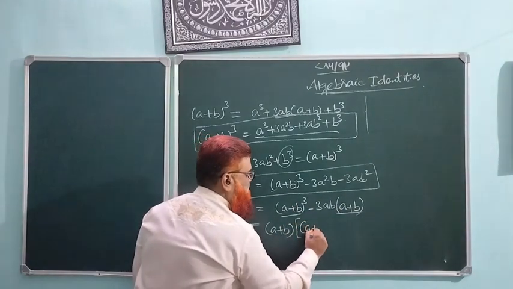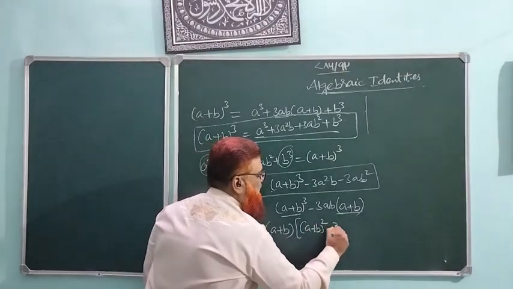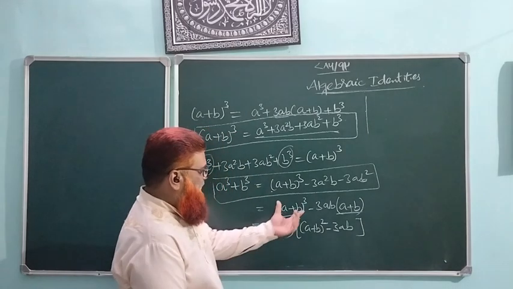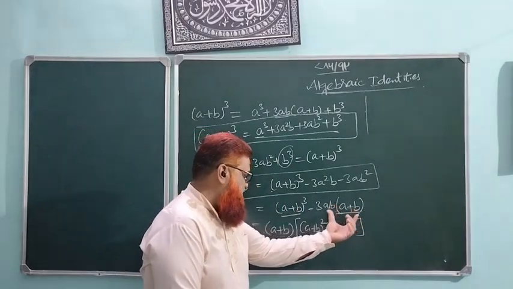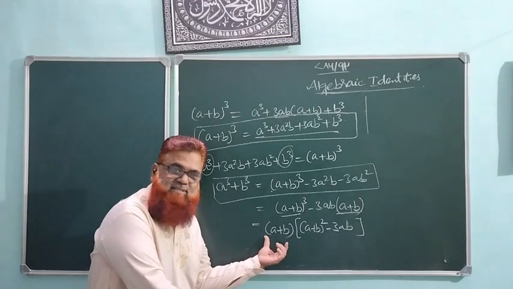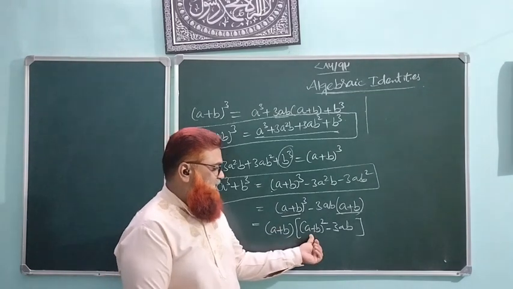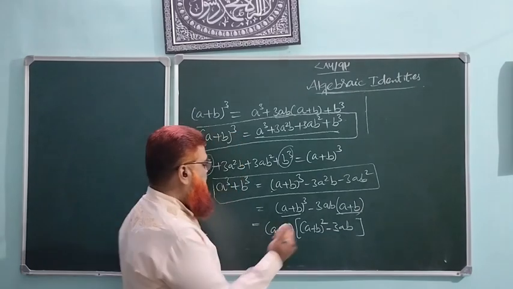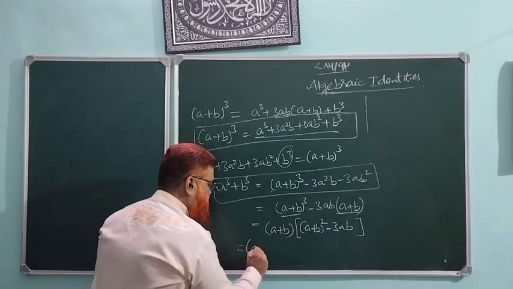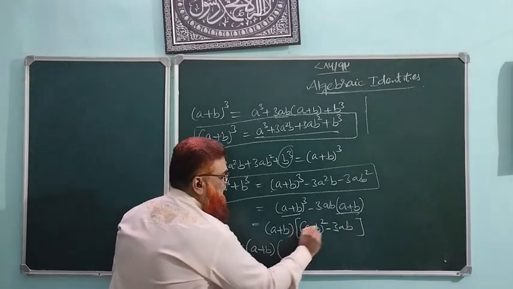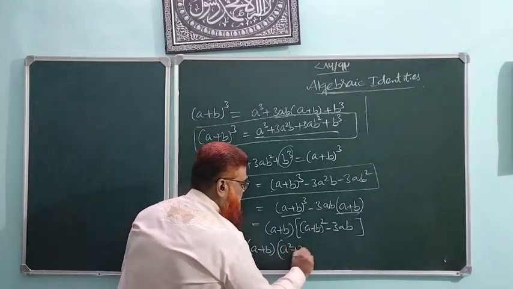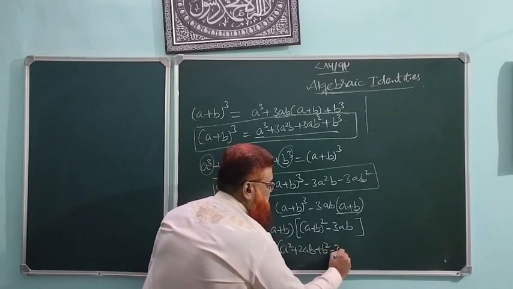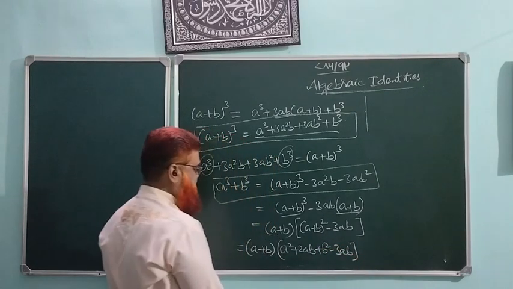It is (a + b) whole square minus 3ab. From (a + b) whole cube and 3ab(a + b), when you take (a + b) as the common term, what remains is (a + b) whole square minus 3ab. Now on expansion, (a + b) is out and here a² + 2ab + b² − 3ab.